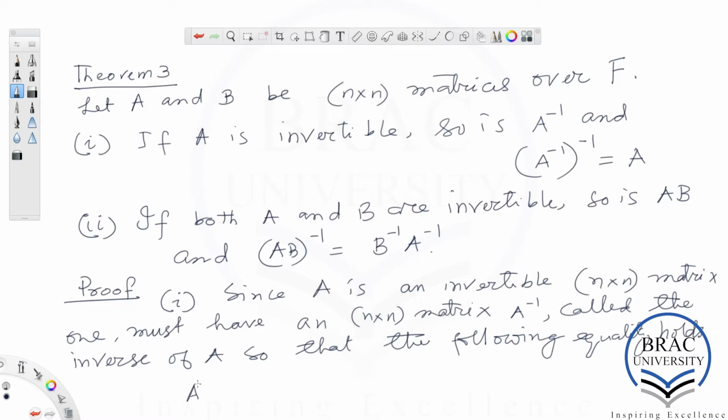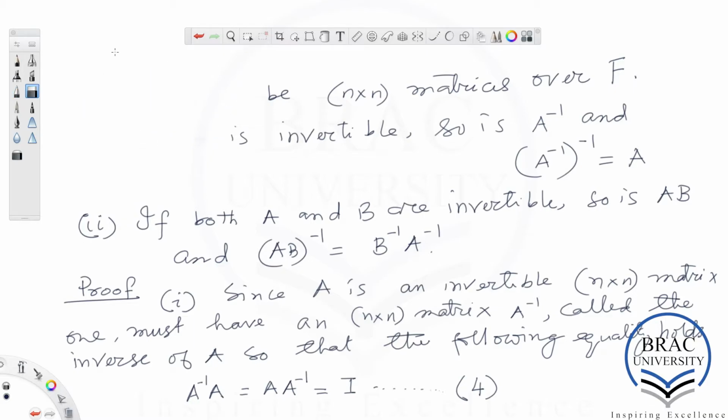A inverse times A is equal to A times A inverse is equal to I. We denote this equality with equation number 4. It follows from the definition of a two-sided inverse.